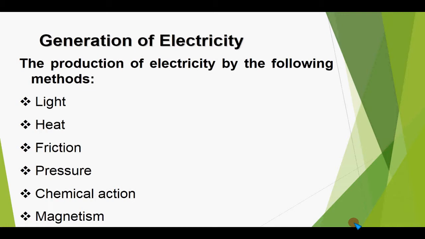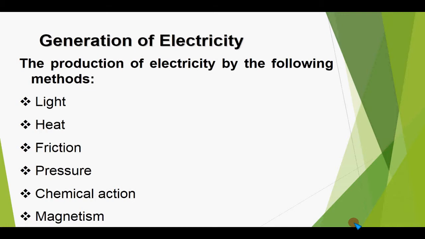Our today's topic is the generation of electricity. How we can produce electricity. There are different processes through which the electricity can be produced.